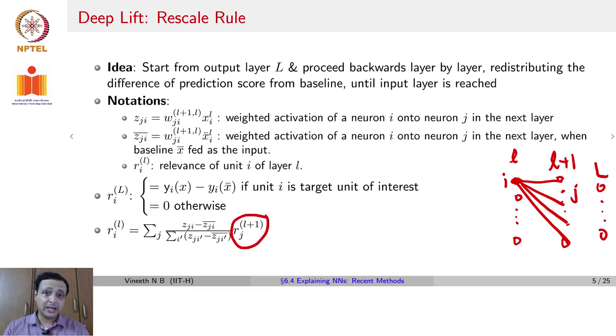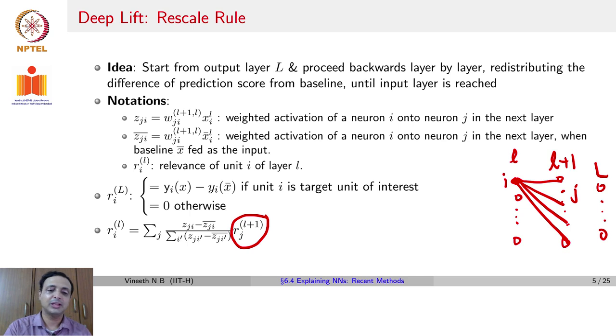You keep backpropagating these relevances all the way back, and then you get an estimate of the relevance of each input at layer 1, which will be your input layer. Note here the key difference: the process of backpropagation is very similar to what we did with gradients, but we are not computing gradients here. We are actually computing how much did the activation at any layer change by giving a baseline input instead of the current input.